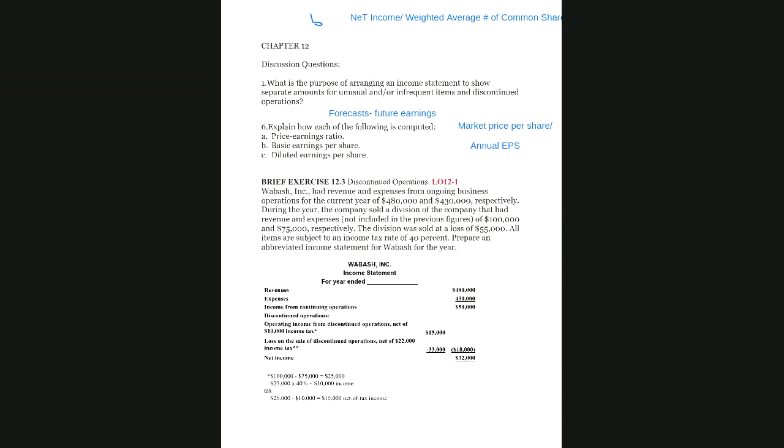Remember, the earnings per share ratio only refers to common shares. You don't do an earnings per share ratio for the preferred stock, because preferred shareholders don't participate in the excess earnings of the corporation. They're only entitled to the amount of their stated dividend for that particular stock issue. All right, that's B.